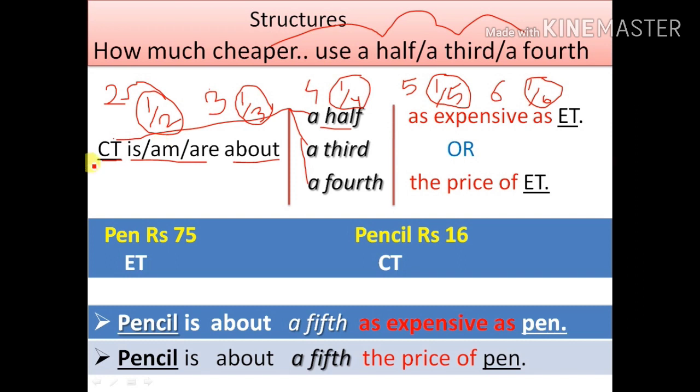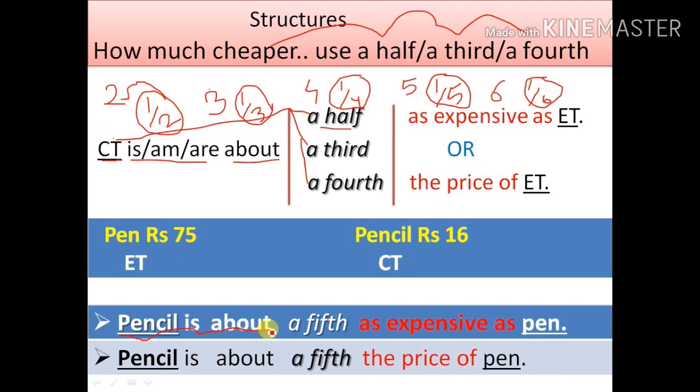Okay, so if you are using the cheap thing in the beginning, please use a half, a third, a fourth. So let's see an example. Pen Rs 75, pencil Rs 16. So here expensive thing is pen and pencil is the cheap thing, and we are beginning our sentence using the cheap thing at first. So here pencil is the cheap thing.